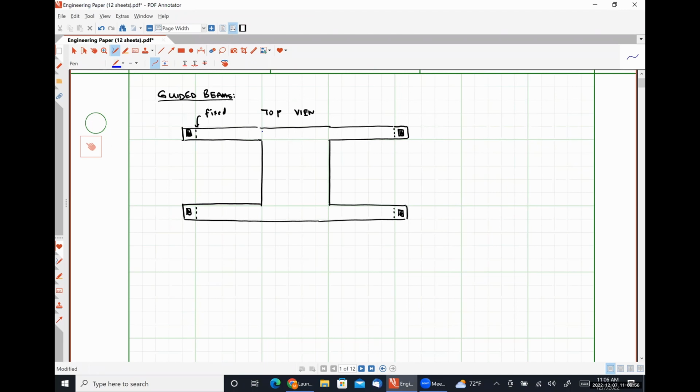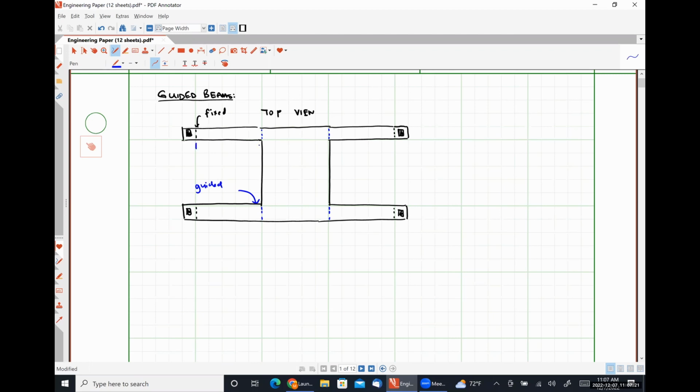And then here, where our beam connects to our plate, all the blue dashes are the same things. We have guided boundary conditions.